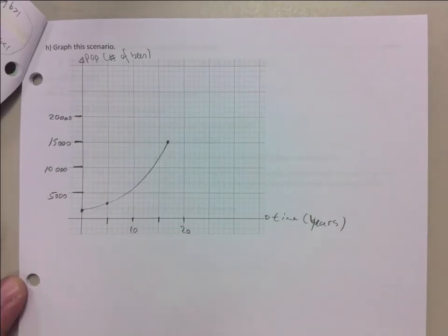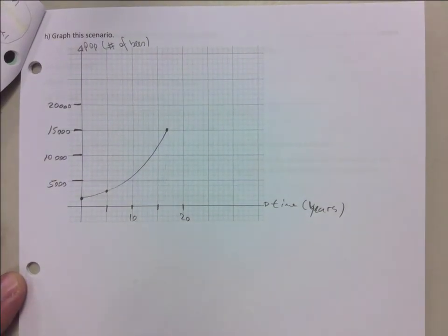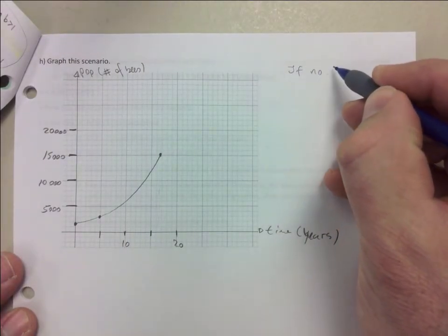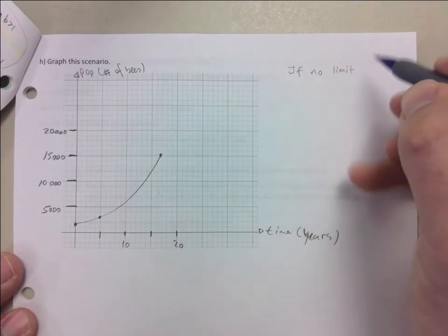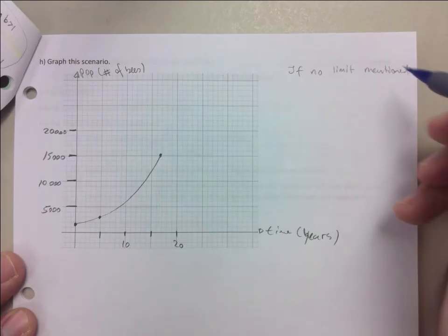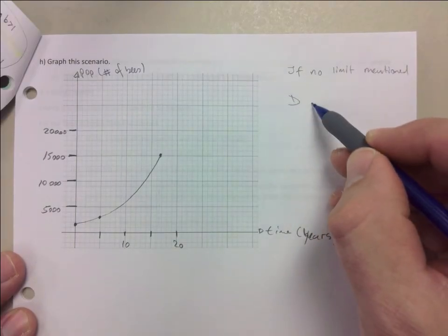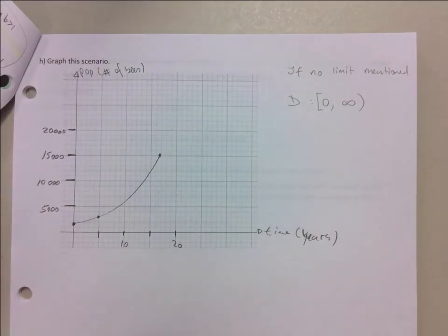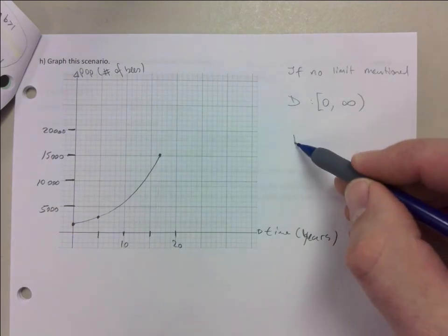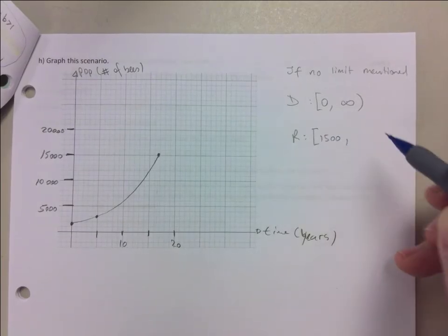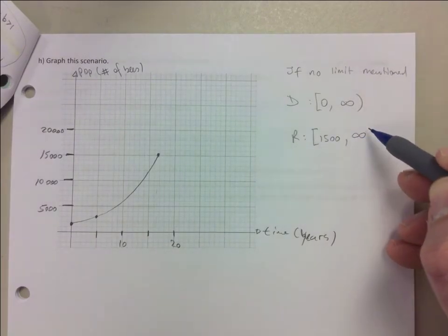I'm just going to add, if no limit mentioned, then the domain would have been as follows. It would have been 0 to infinity, and my range would have been from 1,500 to infinity.